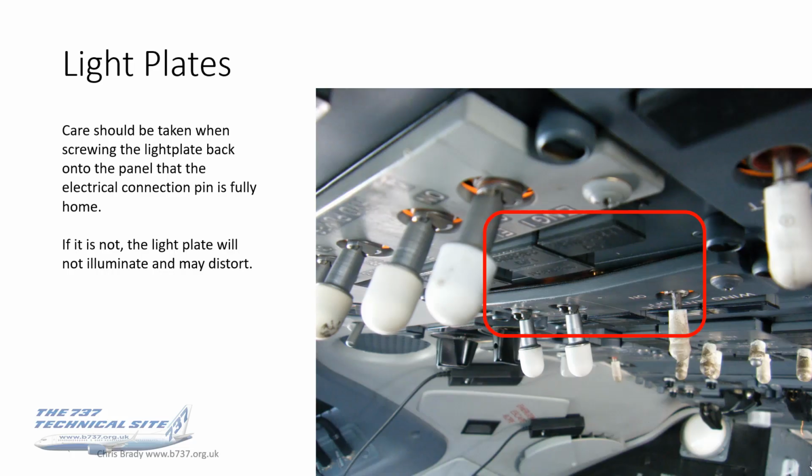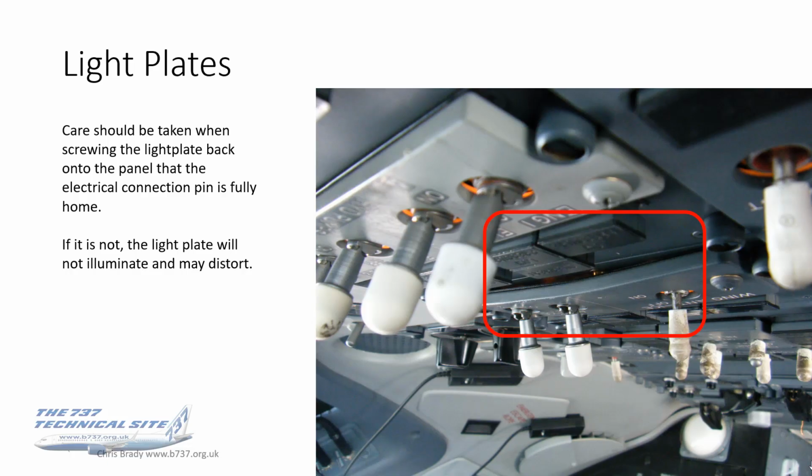Now, one more thing to say about light plates, and this was a photo I took a few years ago of a light plate that wasn't correctly seated. So care should be taken. This is obviously to engineers, not to us as pilots, when screwing the light plate back onto the panel, that the electrical connection pin is fully home. If it isn't, then that pin will impinge on the panel behind it, and not go into where it's seating.